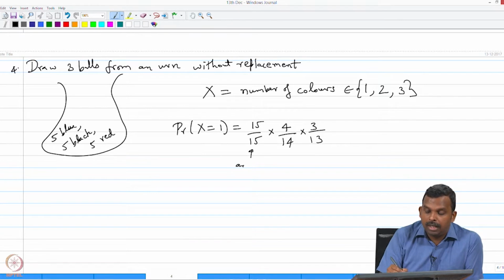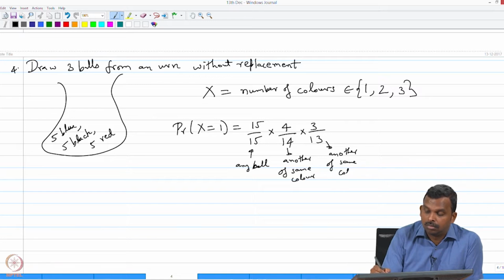First could be any color, any ball, another of the same color as the first ball, right, and another of the same color. Okay.